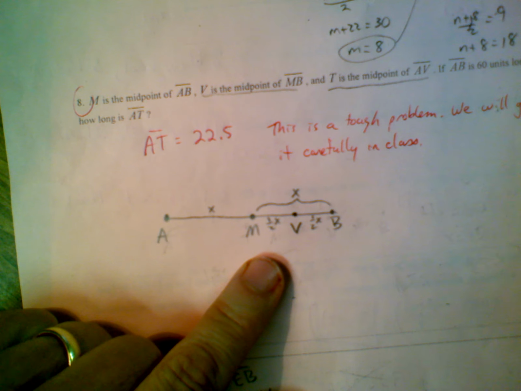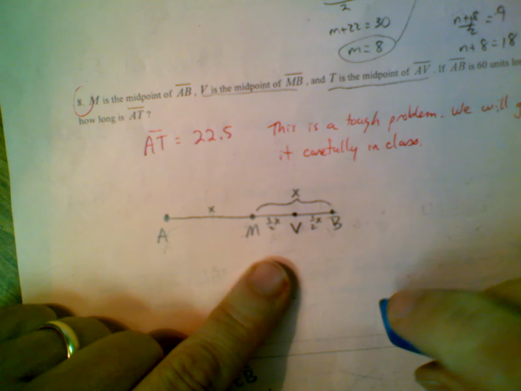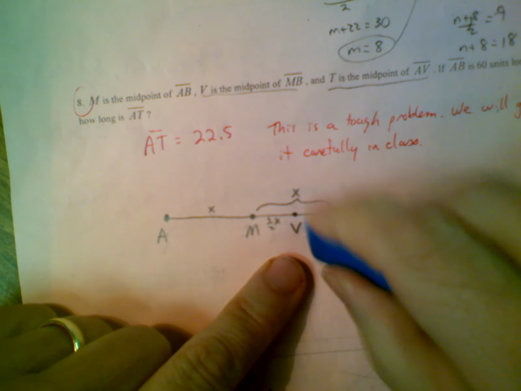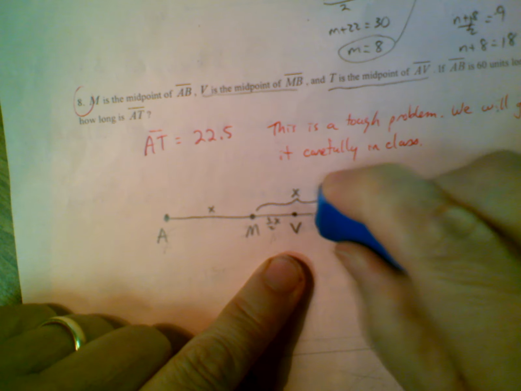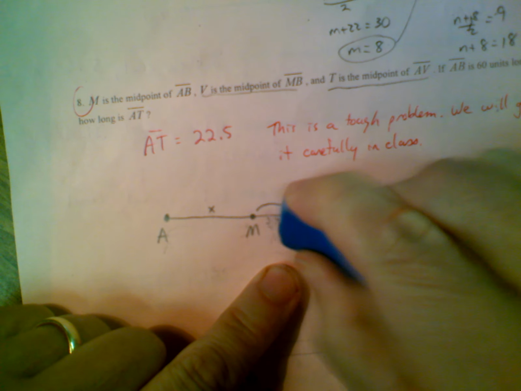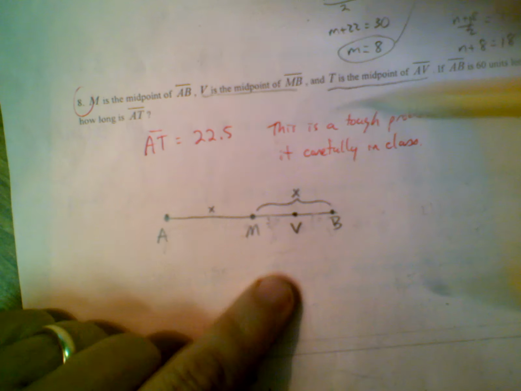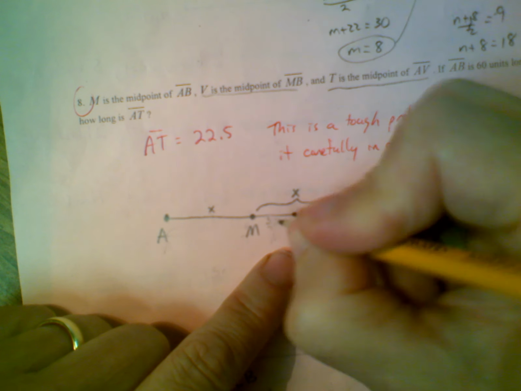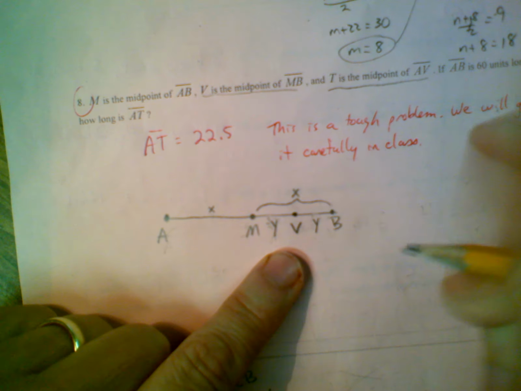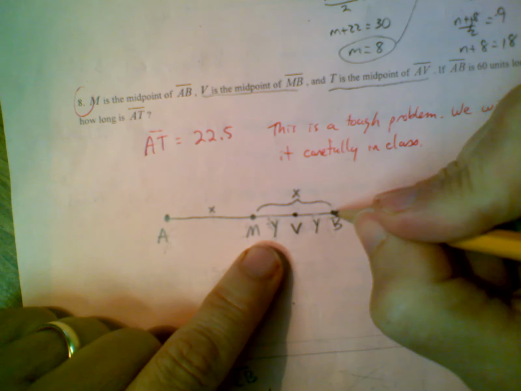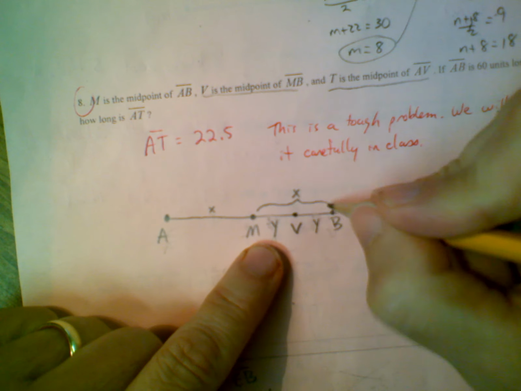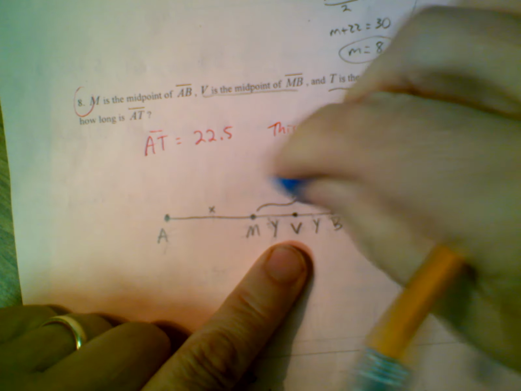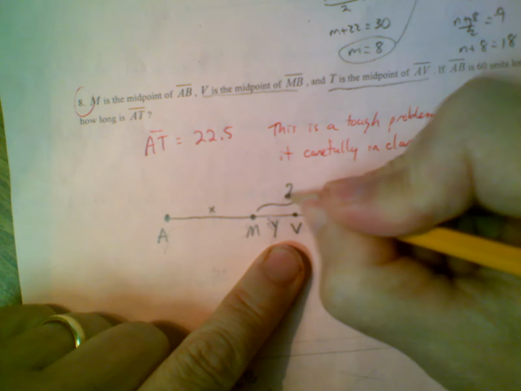That would be fine. Or hey, if you hate having to look at fractions, which I don't, and maybe you don't either, how about if we change the variables and just call this a whole Y and that a whole Y, and then change this thing from X to 2Y.